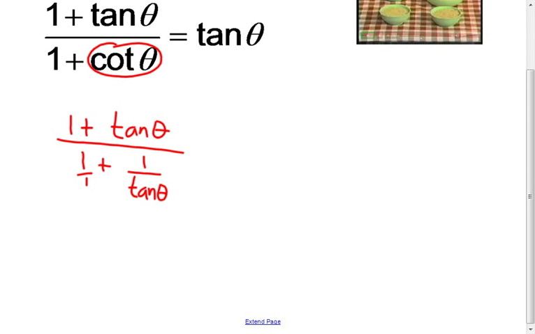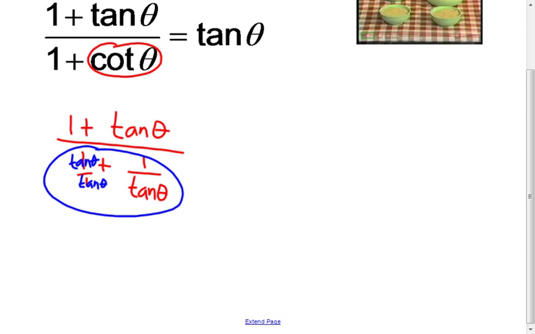Your first goal before you deal with the fractions within the fractions is you have to have the whole entire numerator as 1 fraction and the denominator as 1 fraction. So I need to get this quantity right here as 1 fraction, not 2 things added together. I need it to have 1 denominator. So my common denominator would be tangent, and so I'm going to change this to tangent over tangent.